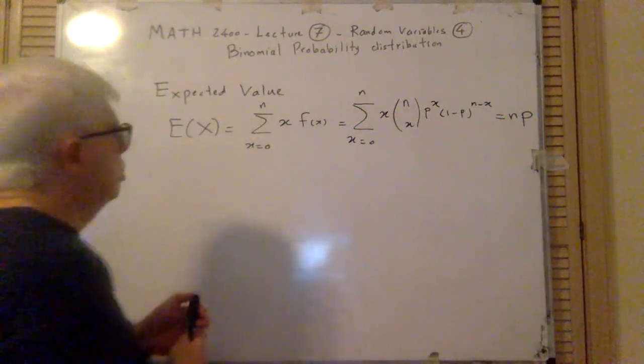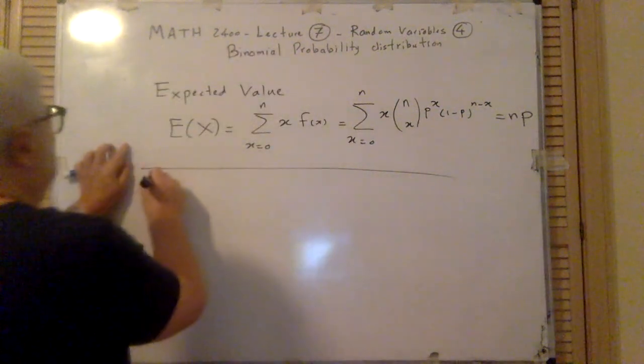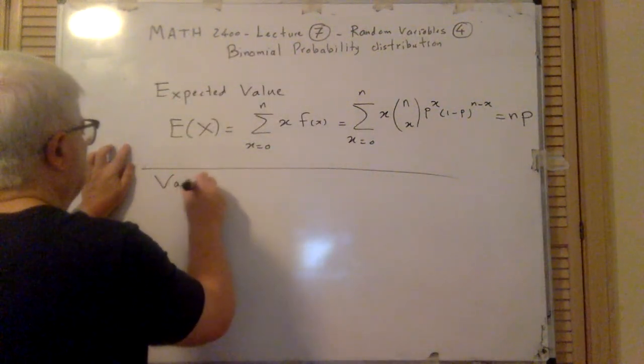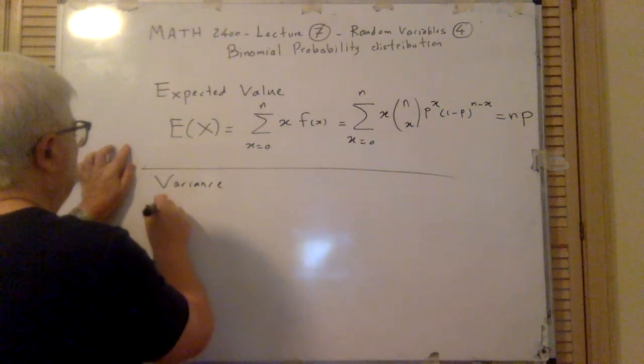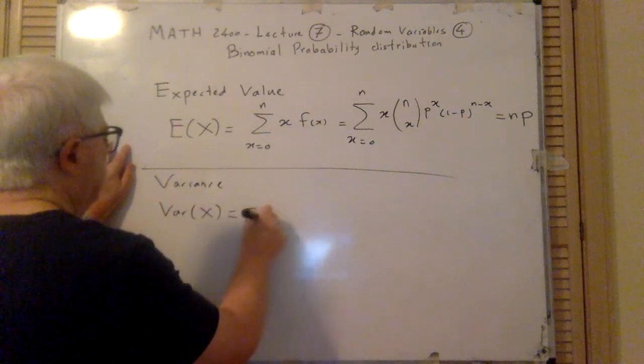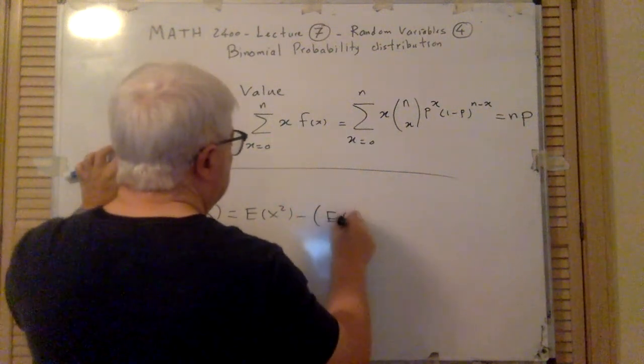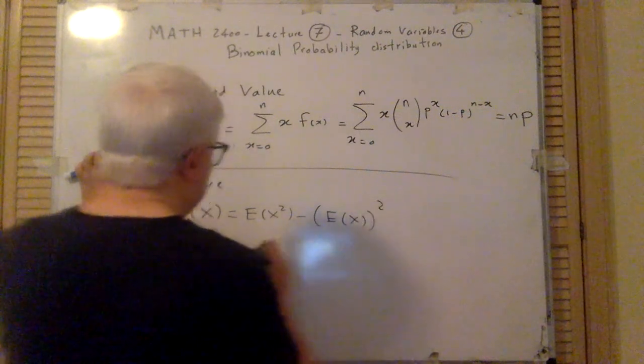Well, variance also is the same thing. But let's use that variance. Remember, variance of x was E of x squared minus E of x, squared.